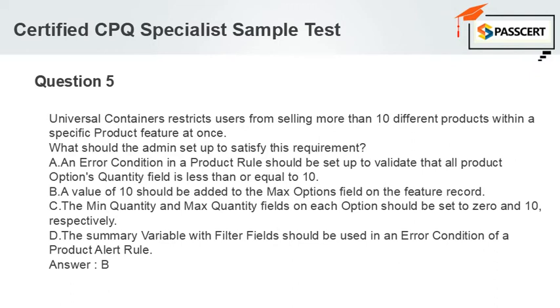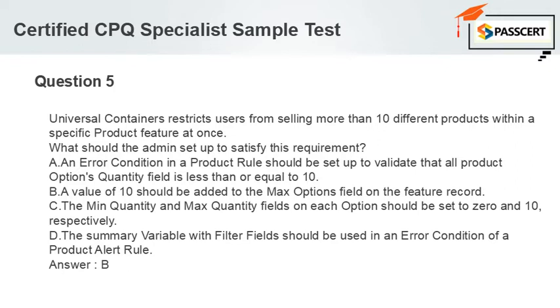Question 5. Universal Containers restricts users from selling more than 10 different products within a specific product feature at once. What should the admin set up to satisfy this requirement? A. An error condition in a product rule should be set up to validate that all product options quantity field is less than or equal to 10.